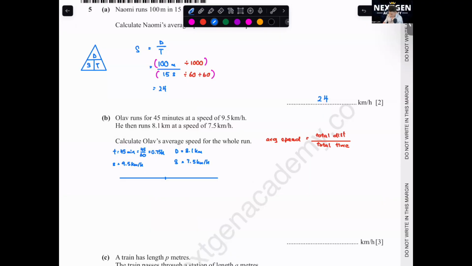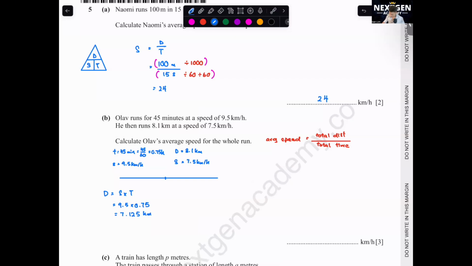For the first part, what do we need to find? You got time, you got speed. We want to find the distance for the first part of the journey. So distance is speed times time. 9.5 times 0.75. This will be 7.125 km.